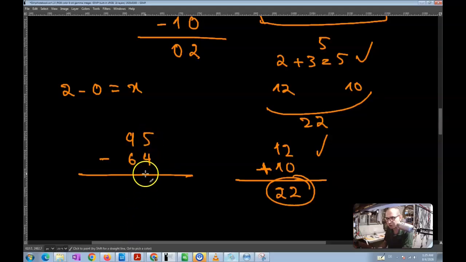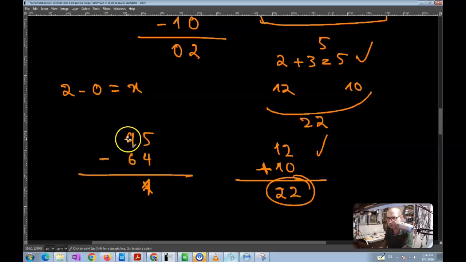That means I need to add some number to 4 so that the result becomes a 5. You know that if you add a 1 to 4, it becomes a 5. So this number has to be a 1, right?